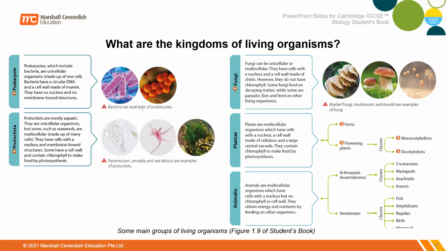Prokaryotes include bacteria and some unicellular organisms, or blue-green algae, okay? So bacteria are unicellular. And please focus, all that I'm saying are the characteristics that they might ask you about in paper 4. Bacteria have circular DNA.